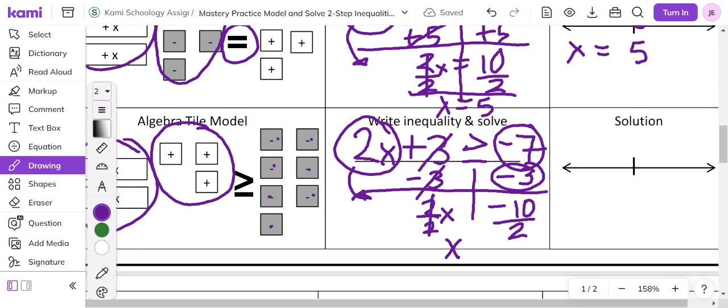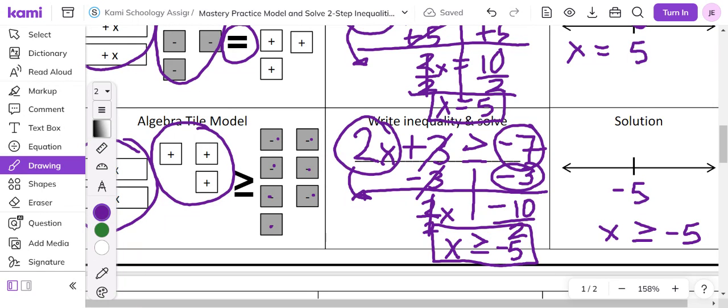So now we're going to have x, and I was going to move this comparison symbol down a little bit further. And then 10 divided by 2 is 5. And the negative divided by a number will stay negative. So this is going to be our solution here. So x is any number that is greater than or equal to -5.